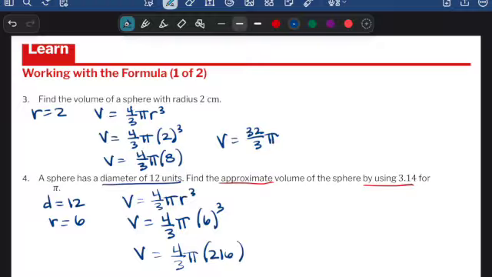And then if we multiply 4 times 216 and then divide by 3, then we're going to multiply that answer by 3.14. So as we do that calculation, I'm going to get an approximate answer, so I will use my squiggly equal sign. And we should get 904.32 as our approximate. After we do this calculation here, 4/3 times 3.14 times 216, our approximate answer would be 904.32.